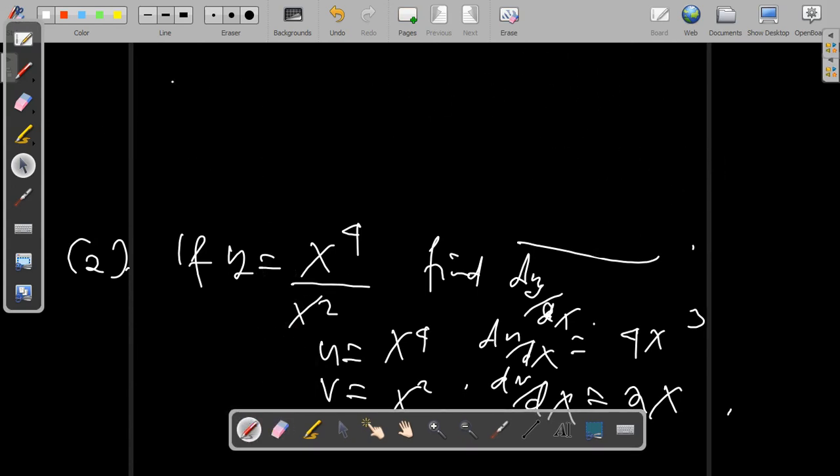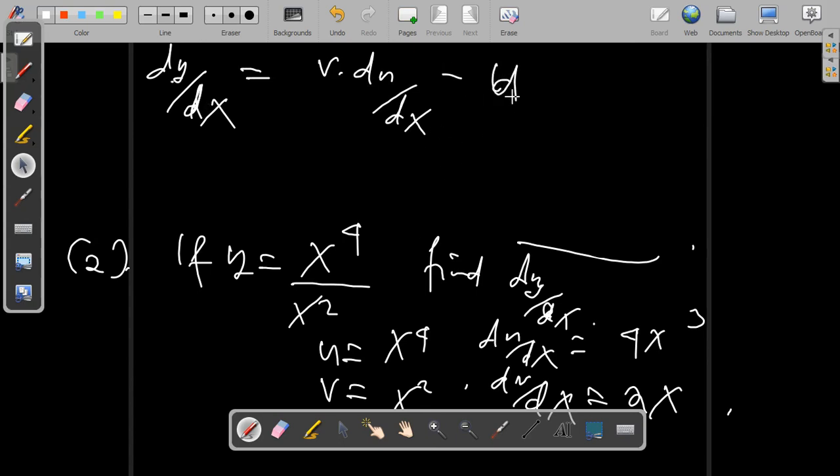dy over dx is equal to v du over dx minus u dv over dx.